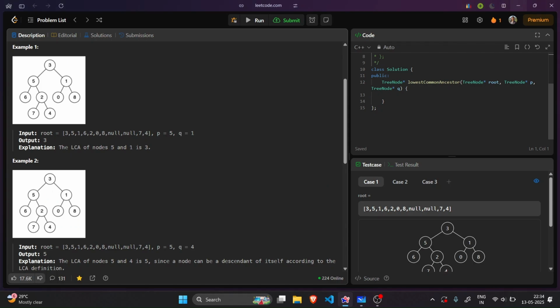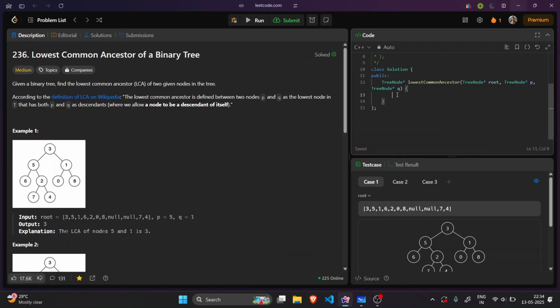Let's take a look at the code also. First of all, let's write simple function calls to go towards the left child. This is a simple recursive call to go towards the left child of the root, and then we'll go towards the right child.